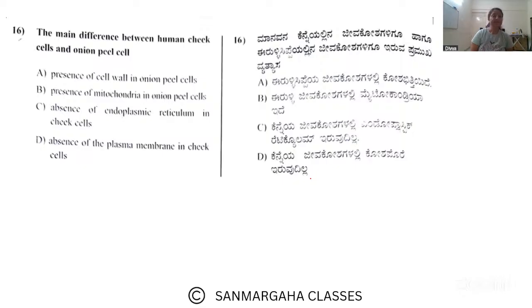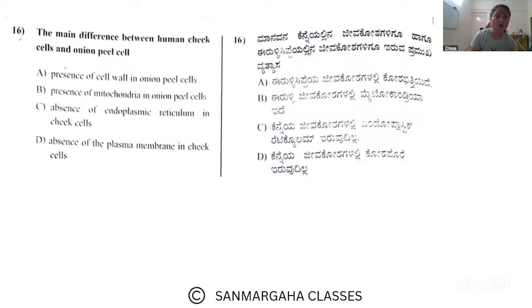The main difference between human cheek cells and onion peel cell. At the beginning of the slide itself, we have discussed about this. I have given the glimpse of cheek cell and onion peel cell, right? So just recall about it, and then let us analyze all the four options here.